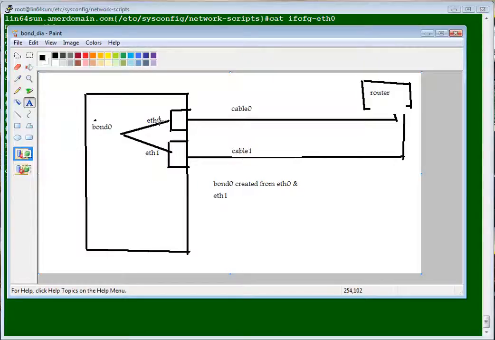That means if eth0 is active, eth1 will be standby, or if eth1 is active, eth0 is standby. Standby means it's a backup. Or we can put both in active, as we discussed before.